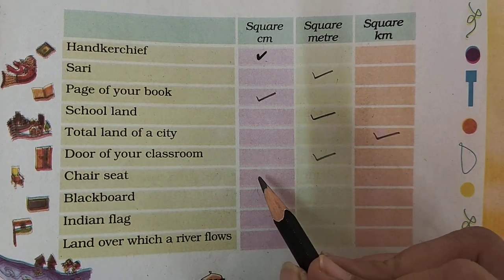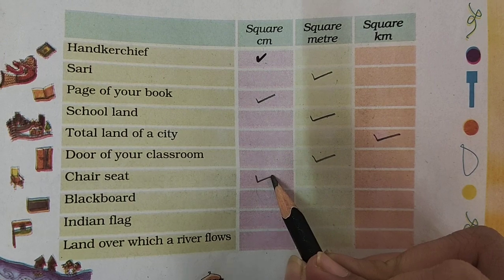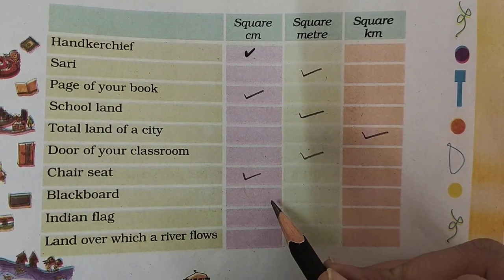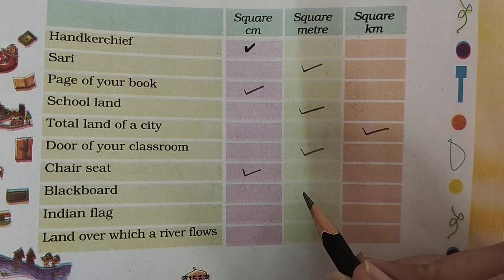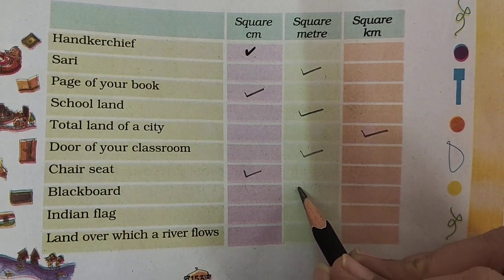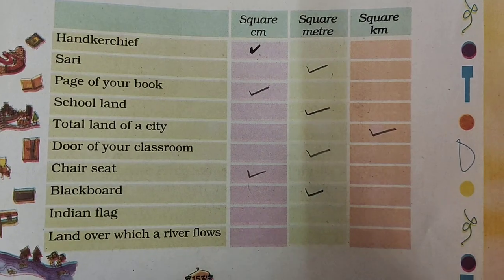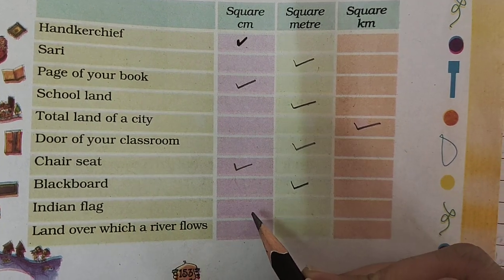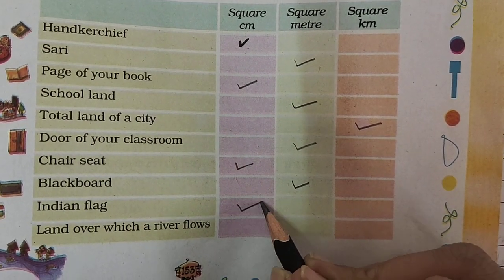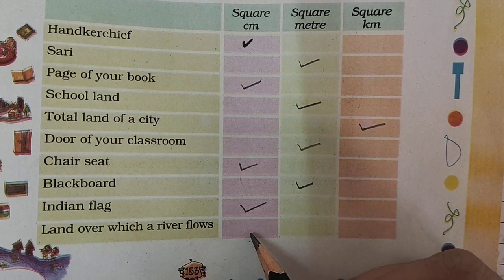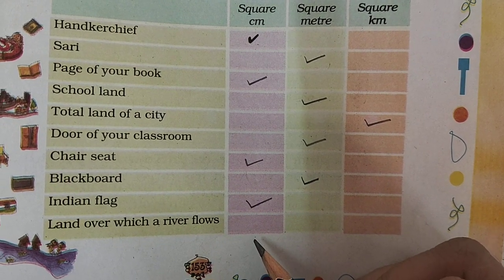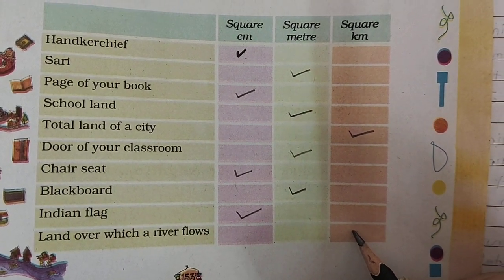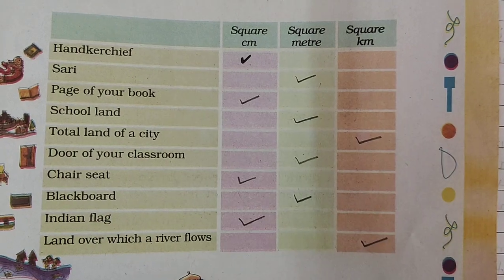Blackboard: it is bigger, so we can measure it in the meter unit, so the area will be in square meter. Indian flag: we can measure it in centimeter. Land over which a river flows is very vast land, so we use kilometer. So the area we will find in square kilometer.